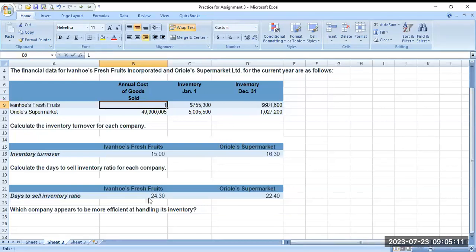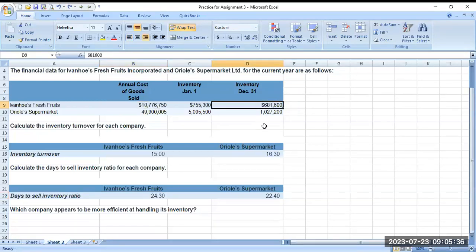Let's check and we're going to see. Let's put 40,000, 40 million. If we increase our cost of goods sold and keep the inventory the same, suddenly we're improving the inventory turnover and respectively our days to sell our inventory. So that will be one way to improve our inventory turnover.